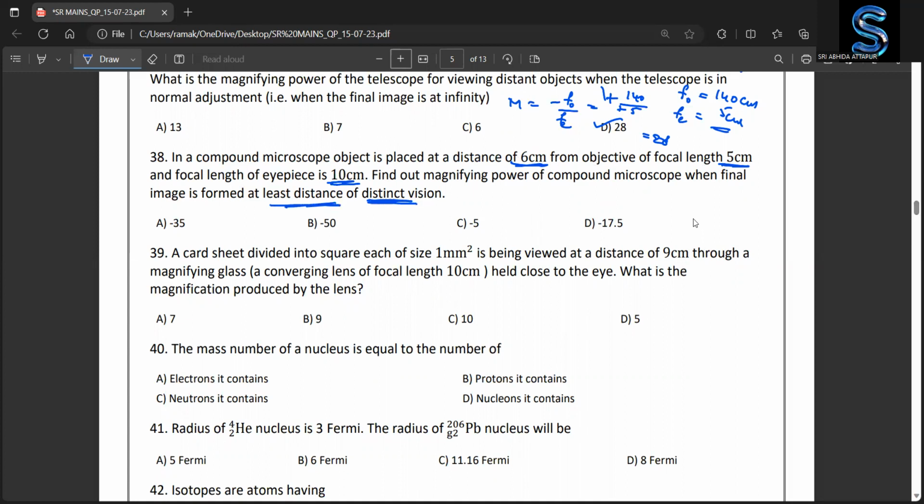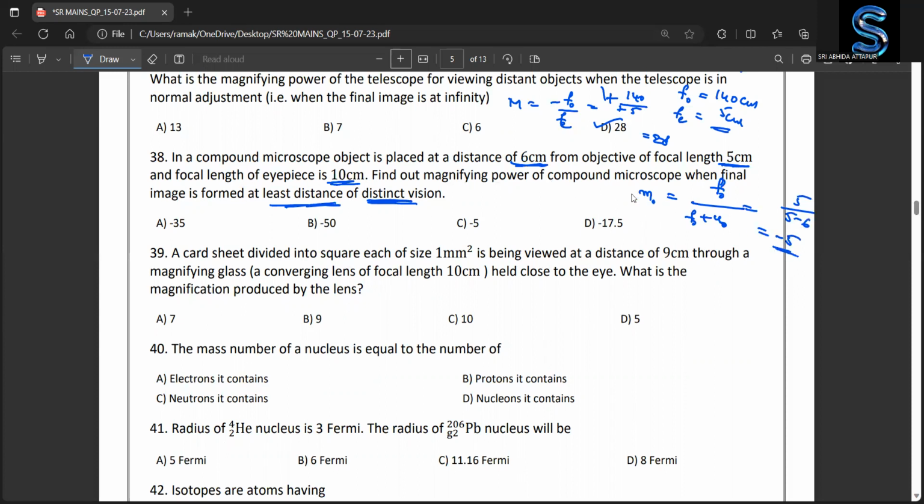We consider that the magnifying power of the objective lens is represented as f naught by f naught plus u naught, which is equal to 5 by 5 minus 6, equal to minus 5.